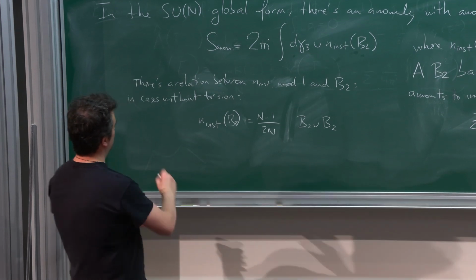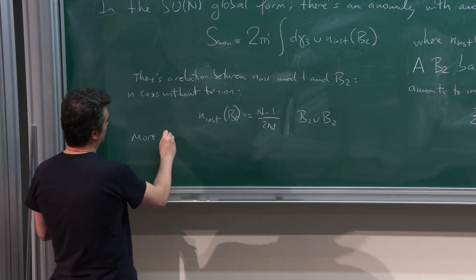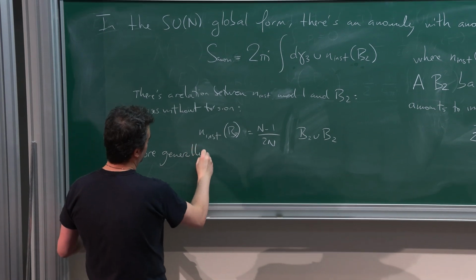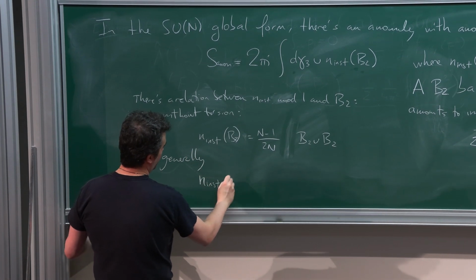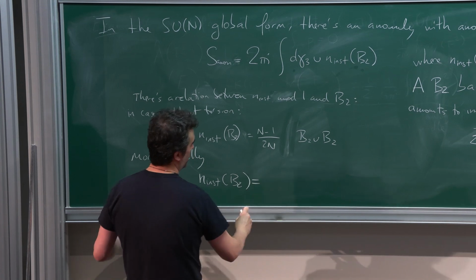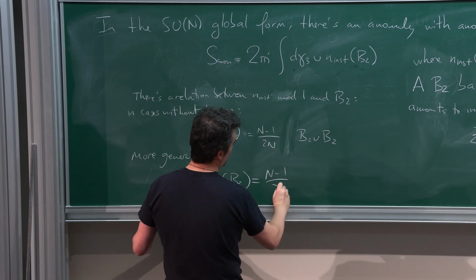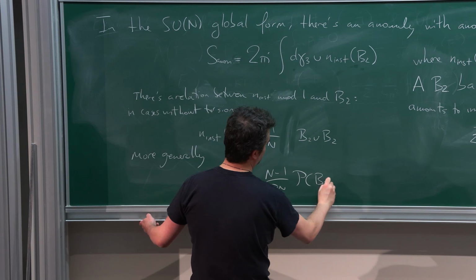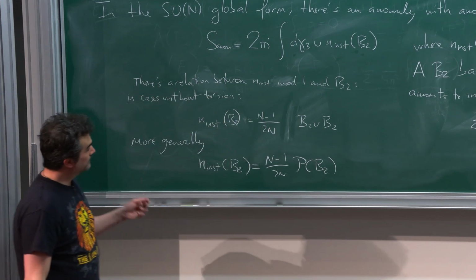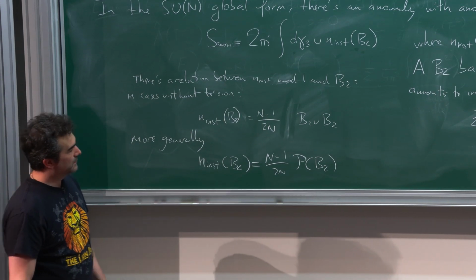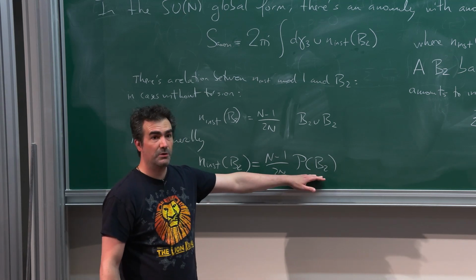More generally, n inst of B2 is (n minus 1) over 2n times the Pontryagin square of B2. I'm not going to need to define the Pontryagin square.